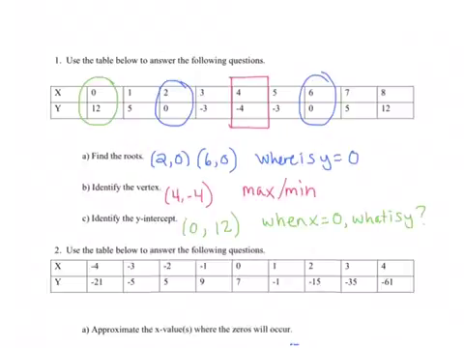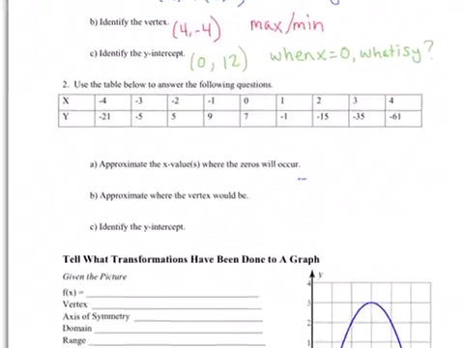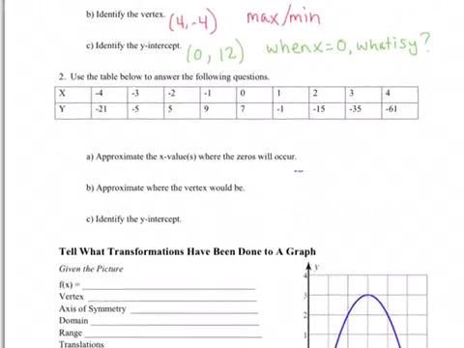Alright, let's try a little bit trickier example. So first thing is approximate the x values where the zeros will occur. Now this time when we look at our table, there are no places on the y chart where we have 0. But we do have a couple of places where there's a sign change, from negative to positive or from positive to negative.